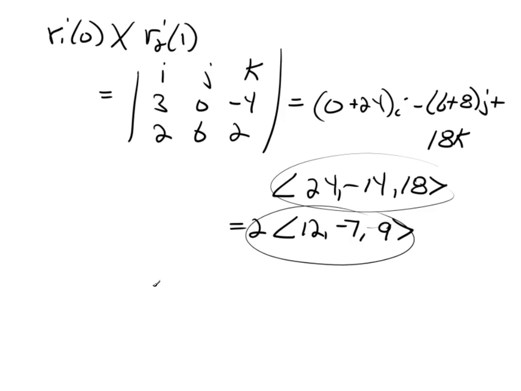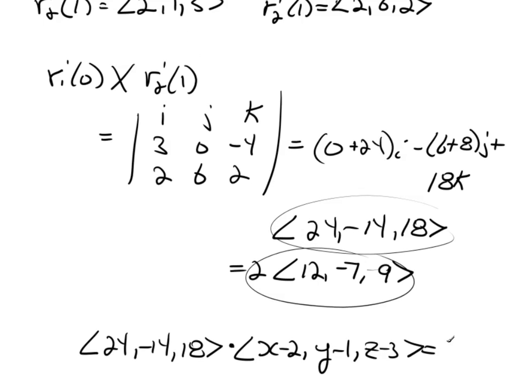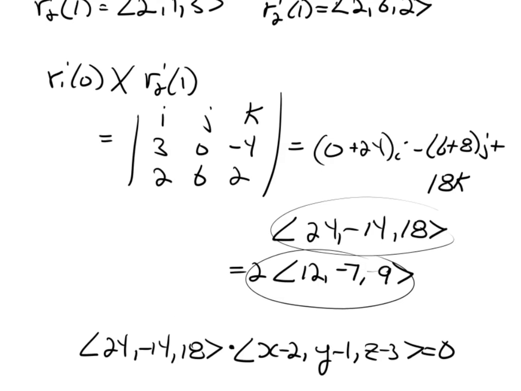So what I'm going to do is take (24, negative 14, 18) dot (x minus 2, y minus 1, z minus 3), and that has to be equal to 0. Make sure I've got 2, 1, 3.